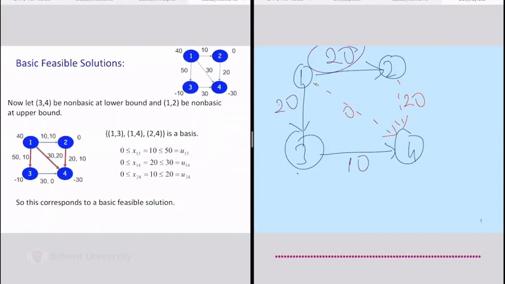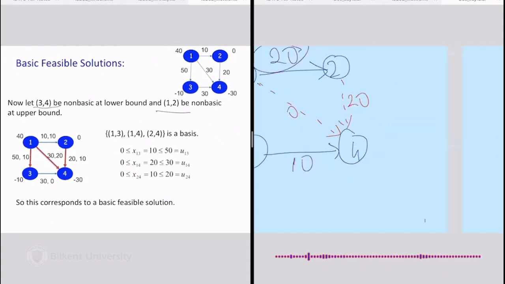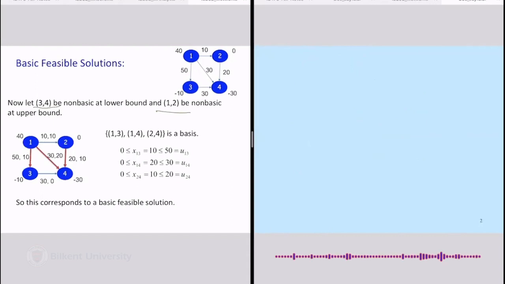Now, let's go on. Another option, a different graph. I want 3,4 and 1,2 to be non-basic. Let me draw another graph for you, nodes 1, 2, 3, 4.